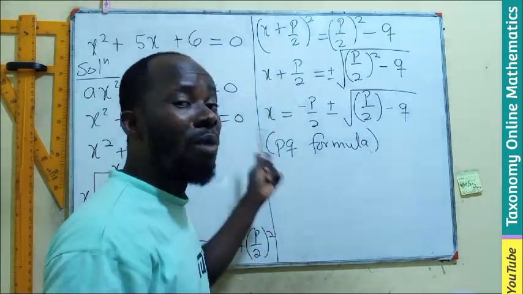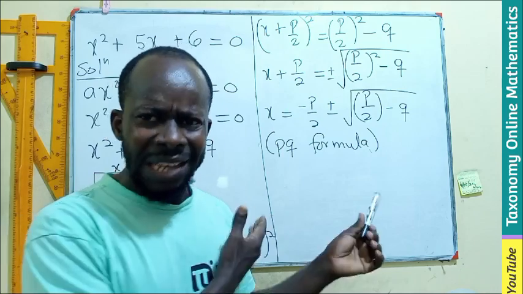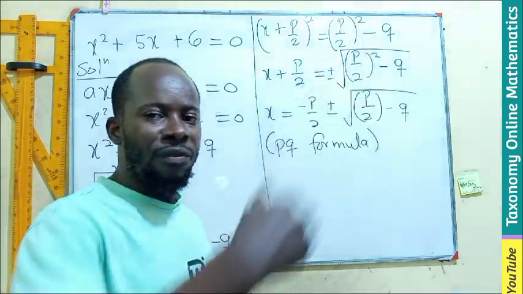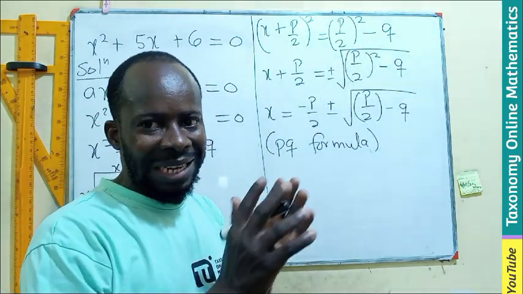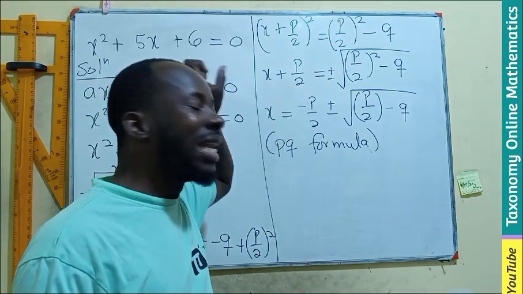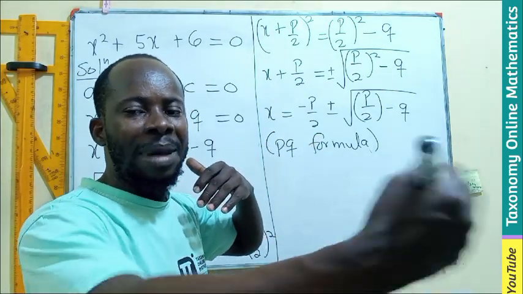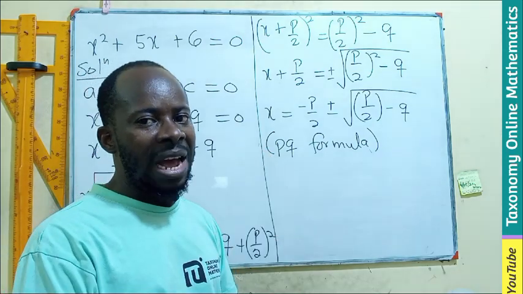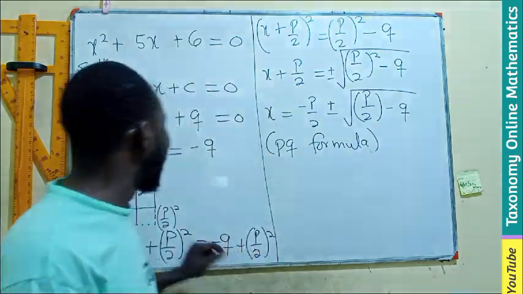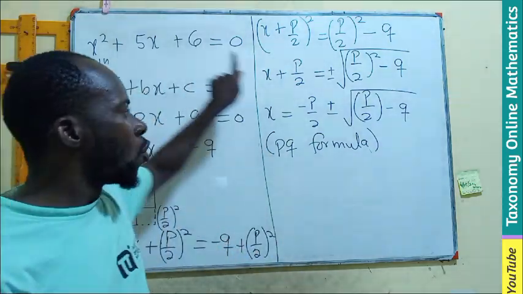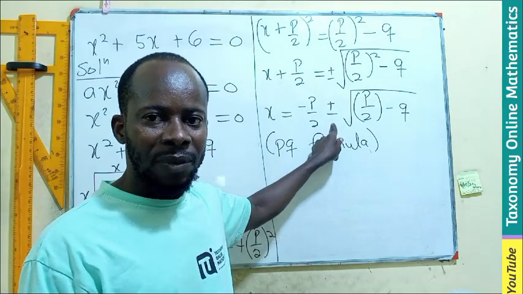Remember, this is just the completing the square formula we know. Just that we do not take it as a formula; it is a process. You perform the step-by-step method and you arrive at the final answer. But with this, you can just take the equation and go straight with the formula.